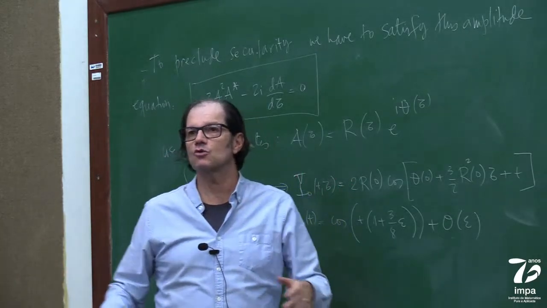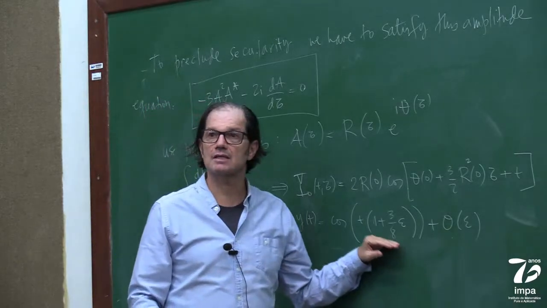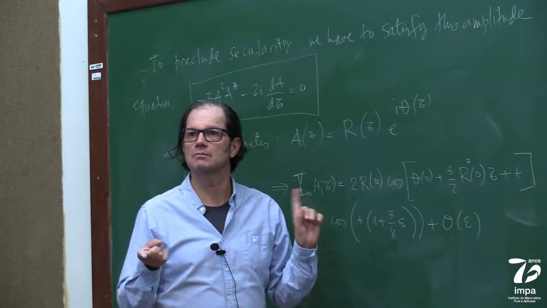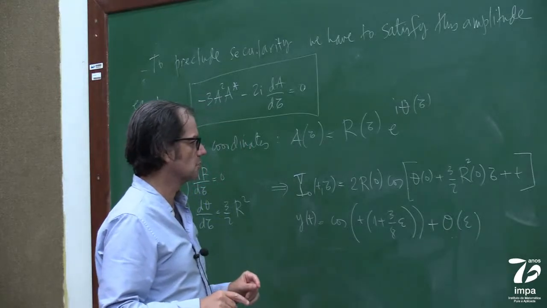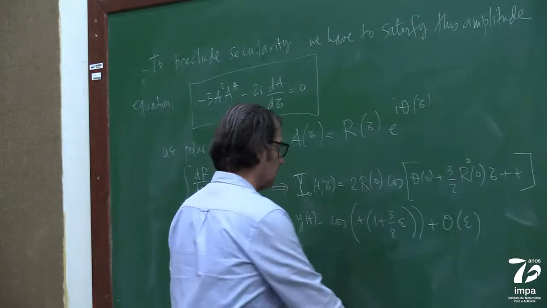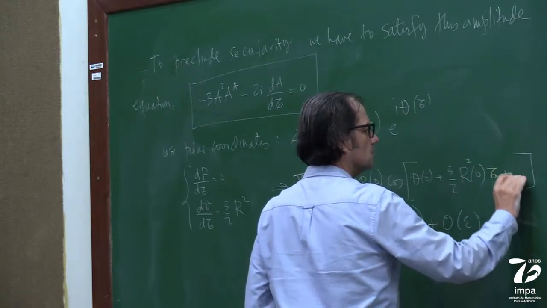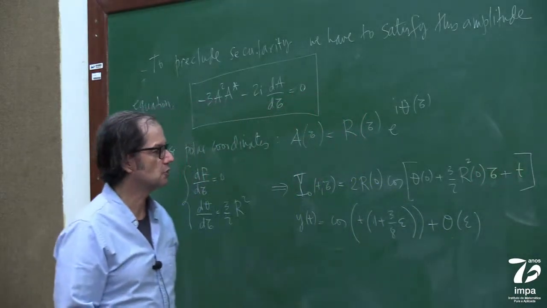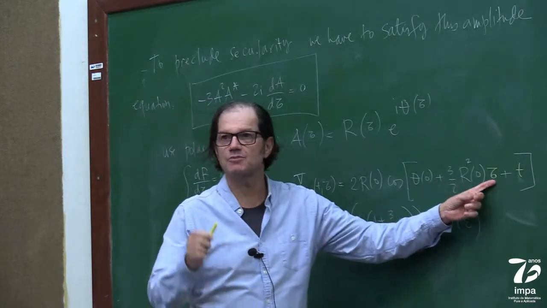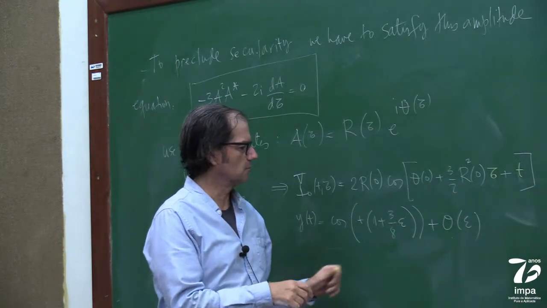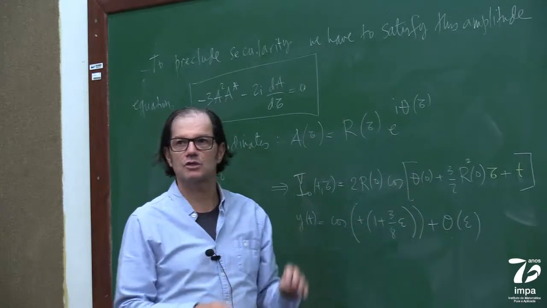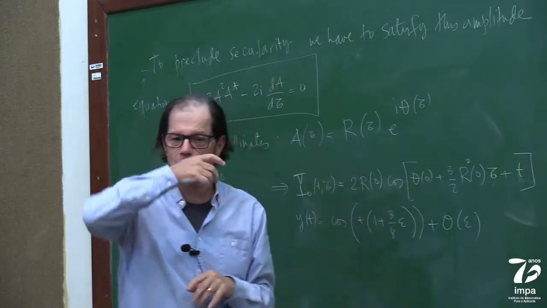So you had to go to higher orders. Here this was due to the two timing. Look, let me highlight here. The two timing, but this will become an epsilon t. Anyway, doing the calculation and plugging in the initial condition, you get this.